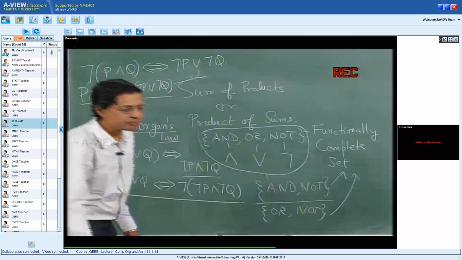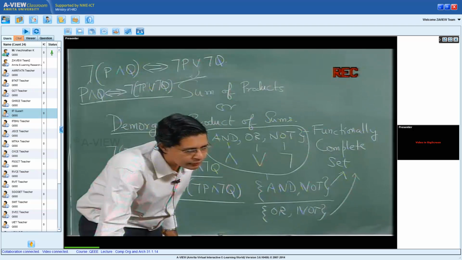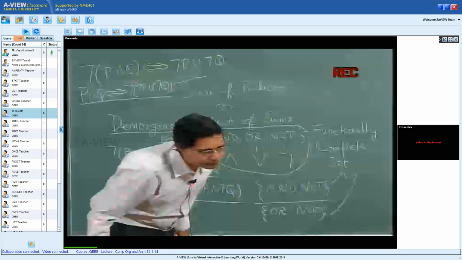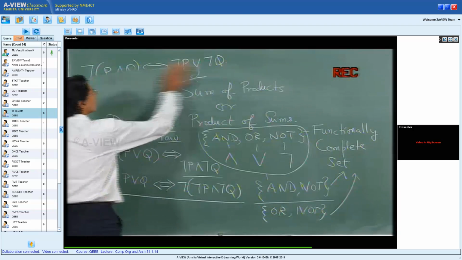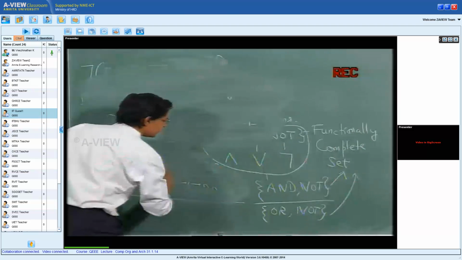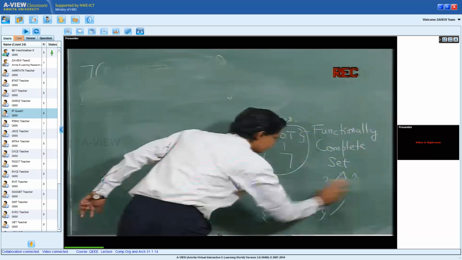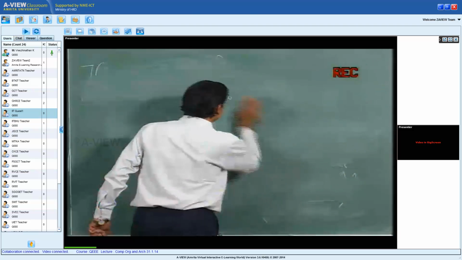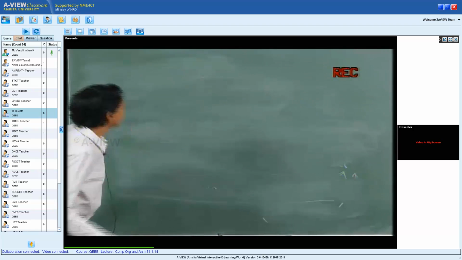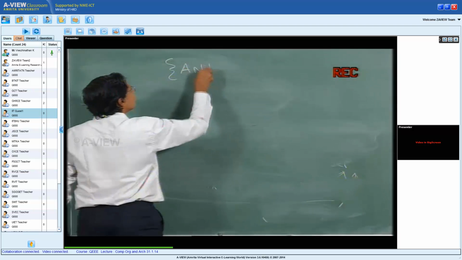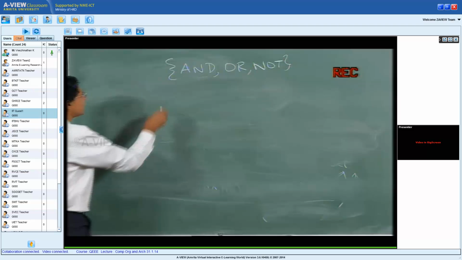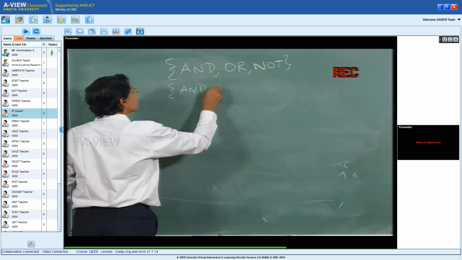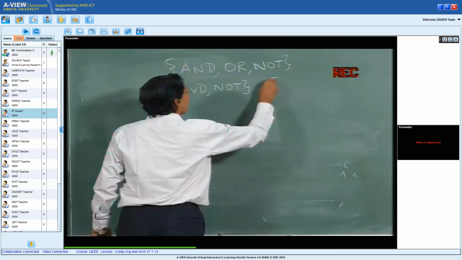So to sum up, AND OR NOT is functionally complete, AND NOT is functionally complete, OR NOT is also functionally complete.